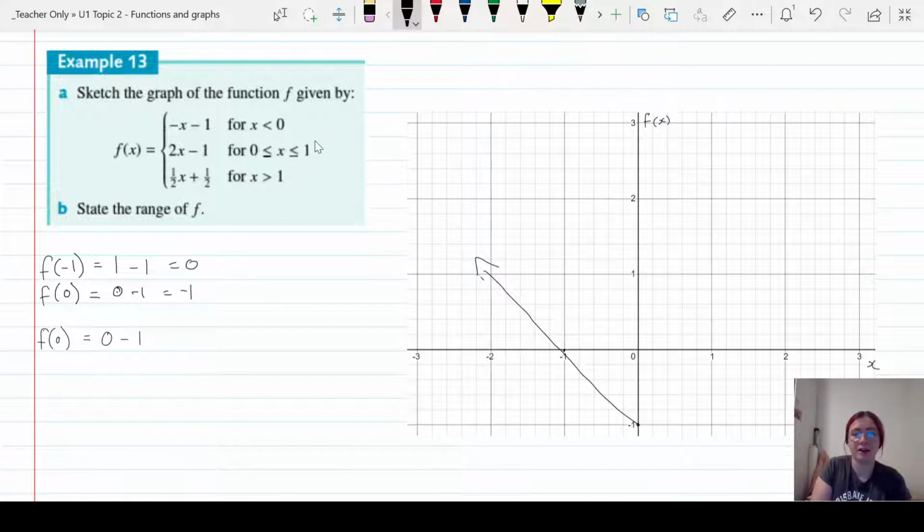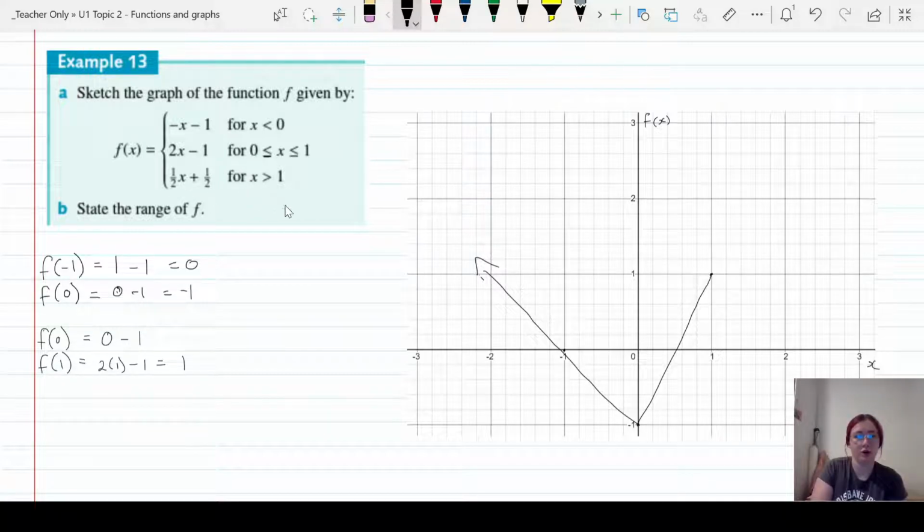Our other endpoint is when x is 1. So f of 1 is going to be 2 times 1 minus 1, which just gives us 1. So when x is 1, f of x is going to be 1. And we know that's our endpoint, so we can just join those straight up.